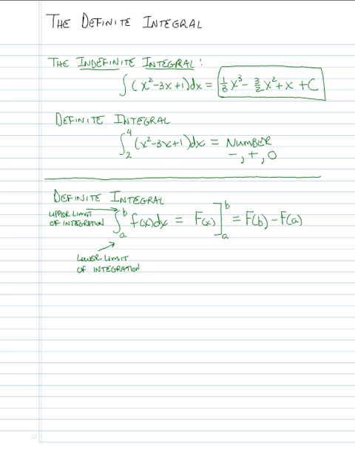Now, there's something special about this capital F. This capital F is an antiderivative, okay? And this capital F is actually the indefinite integral of the lowercase f that we were looking for. That's what capital F is. Remember what that means.